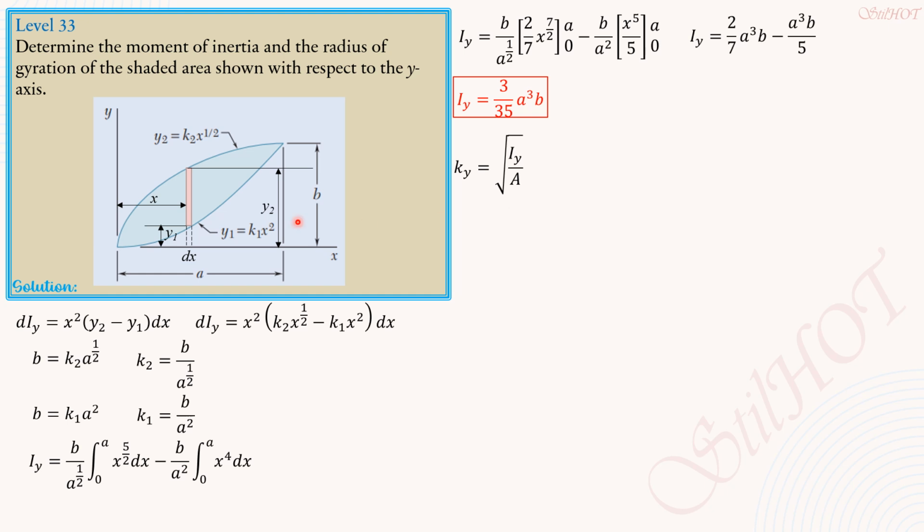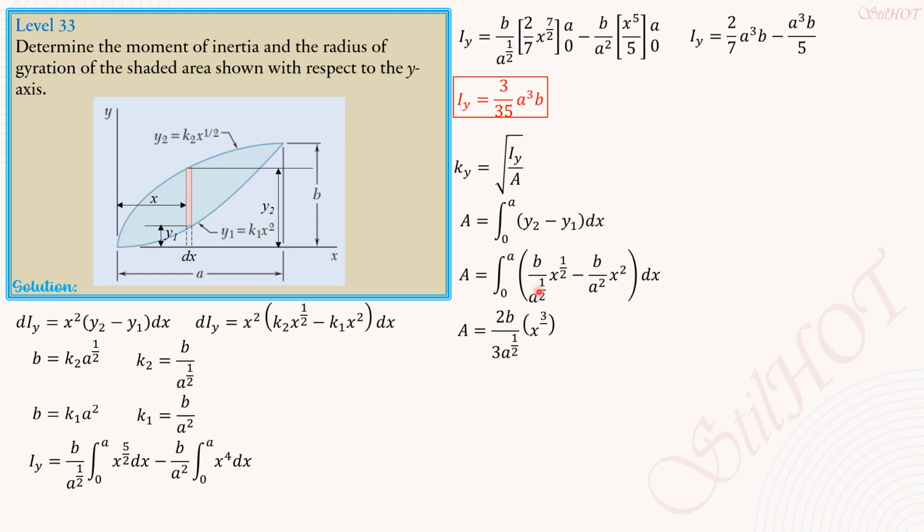Then the area is simply the integral of y2 minus y1 times dx. So area equals the integral from 0 to a of y2 minus y1 dx. This is the differential area. y2 is equal to b over a to the 1/2 x to the 1/2, minus b over a squared x squared, dx. So area equals b over a to the 1/2, then x to the 3/2 over 3/2.